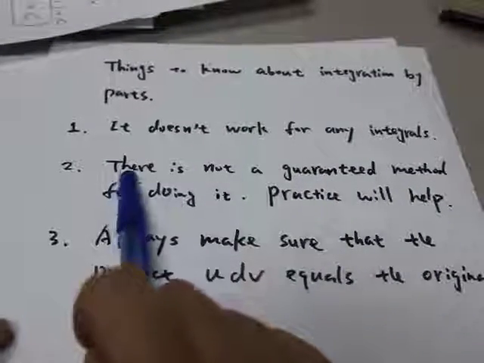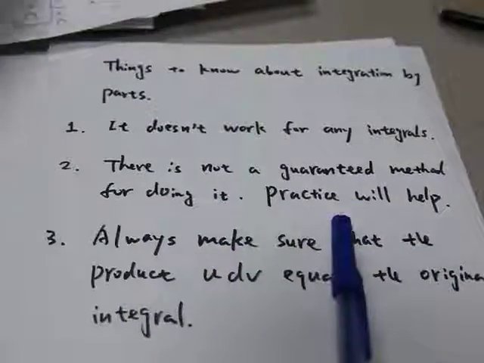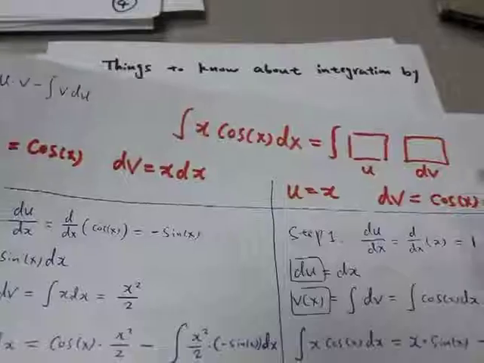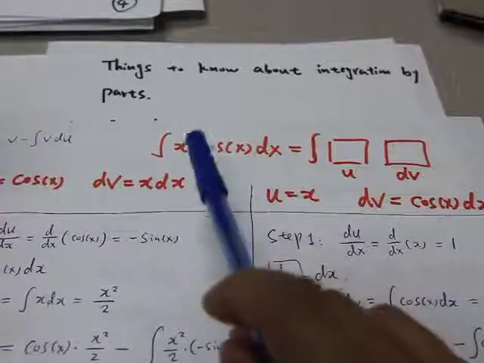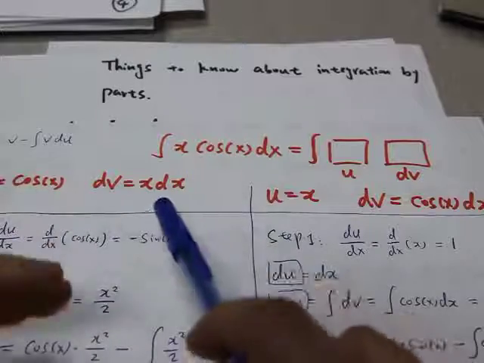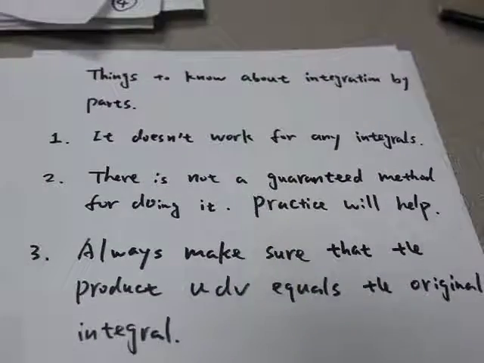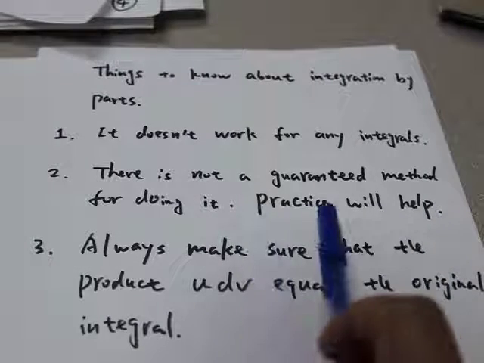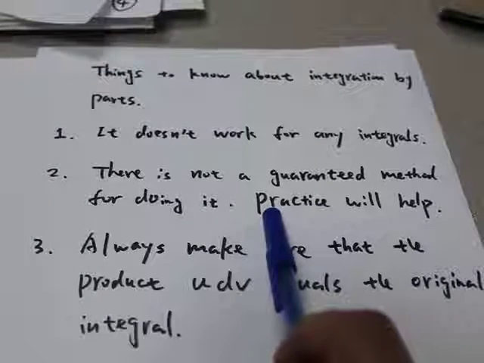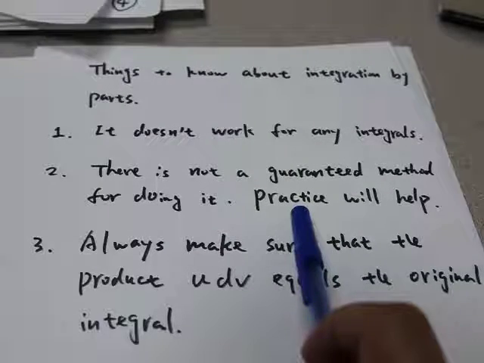And there is no guaranteed method for doing it. That means there is no formula which tells you which part should be u and which part should be dv. No, there's no such method. And how can we do this? We practice, right? The more you practice, the more experienced you'll be.